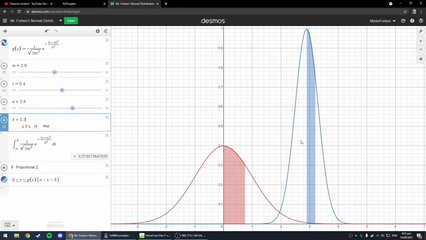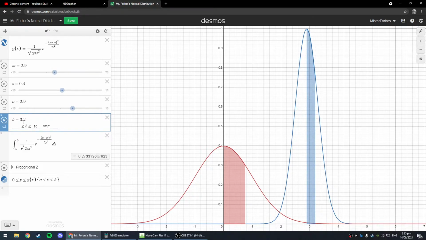Now, notice I conveniently picked the mean as our starting value, 2.9 kg, and we're wondering how many are between 2.9 and 3.2 kg. So the answer to this question is pretty much the whole area under this curve. Because it's a proportion or a probability, the whole curve would be equal to 1, and we want to know how much of it is shaded out of 1.